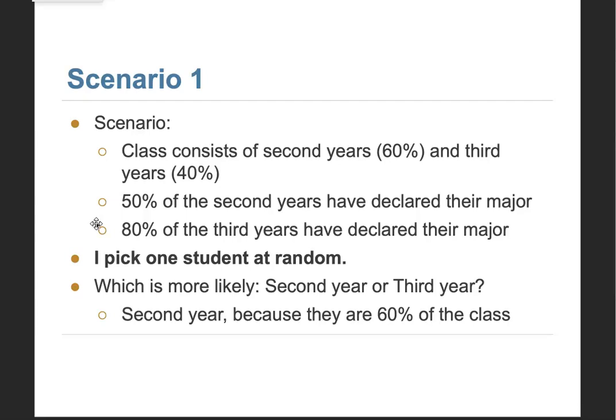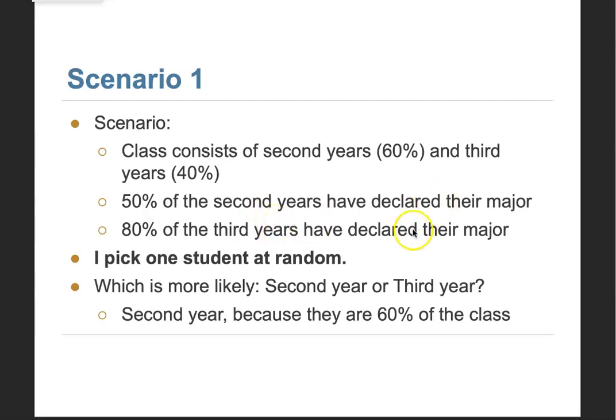We also know 50% of the second year students have declared their major, and 80% of the third year students have declared their major. That's what we call conditional probability. At the beginning, we only told you that in the whole class we have 60% and 40% for the second year and the third year.